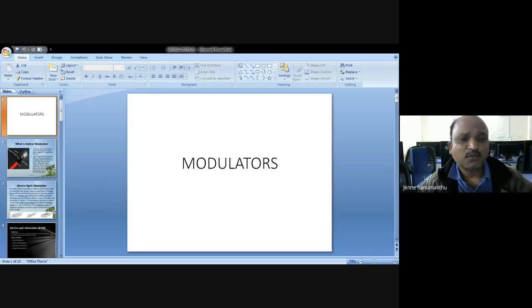Why do we need to study these laser characteristics before going to modulators? Because, understand clearly, modulators are devices that change laser beam or laser light characteristics.